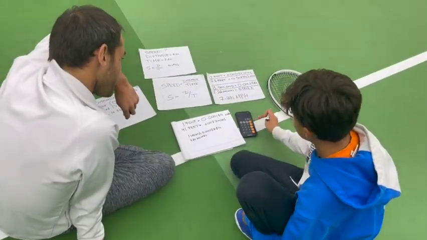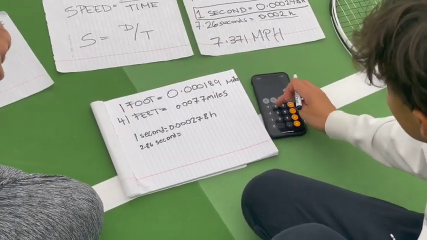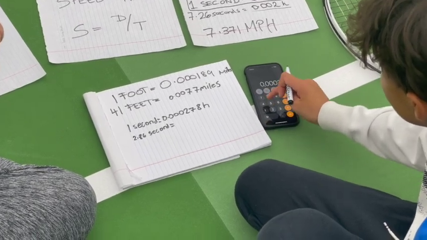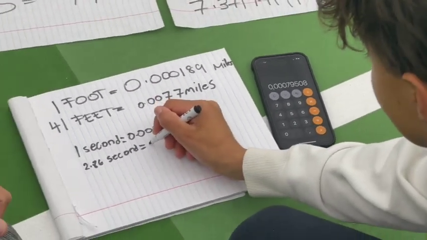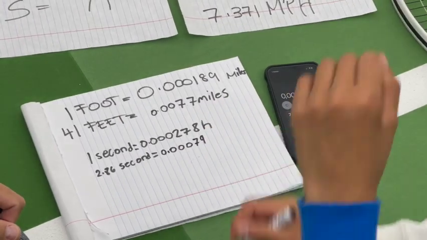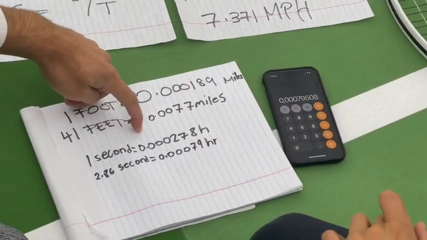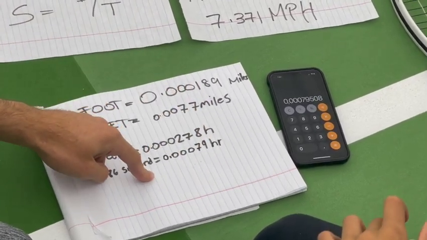Okay, 2.86 times 0.000278, and that's your answer. 0.00079 hours. Perfect. So we have your distance in miles, and we have your time in hours.